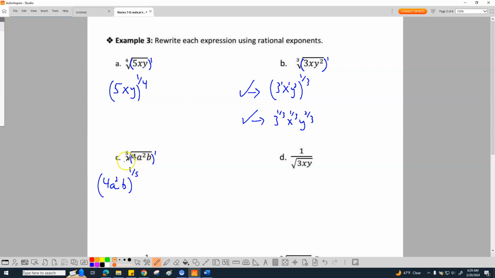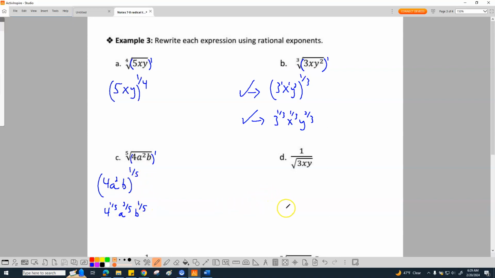Again, if you wanted to expand this out the whole way, pretend there's a 1 everywhere. 1 times 1/5, I have 4 to the 1/5. I have a, 2 times 1/5 is 2/5. And then b times that. There's a 1 there, remember. 1 times 1/5 is b to the 1/5. So both of these answers are correct. I want you to have experience in understanding how to get this mapped out, essentially.